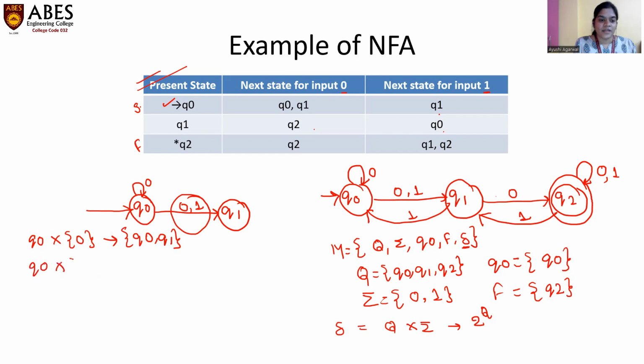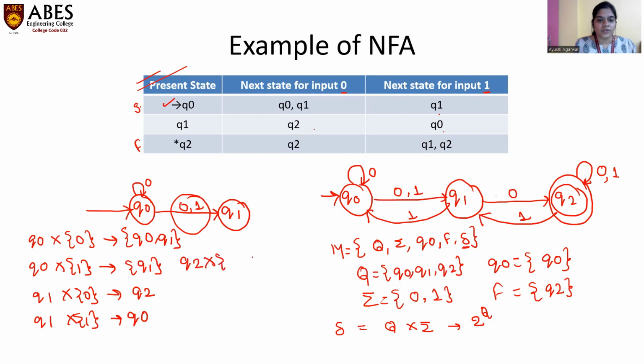Q0 by input 1, moving to state Q1. Q1 with input 0, moving to state Q2. Q1 with input 1, moving to state Q0. Q2 with input 0, moving to state Q2.